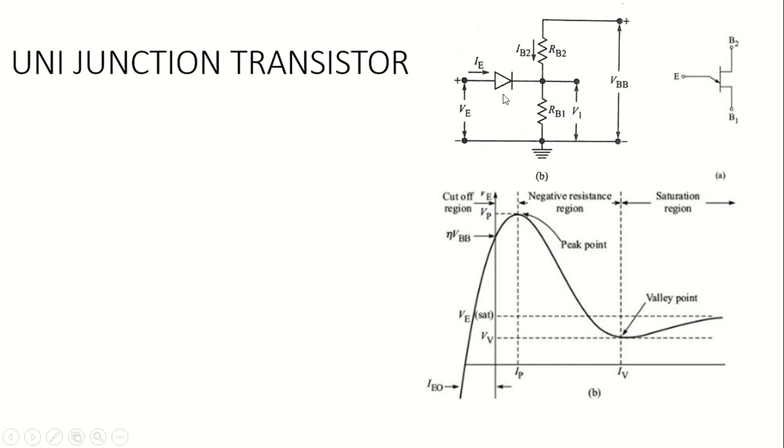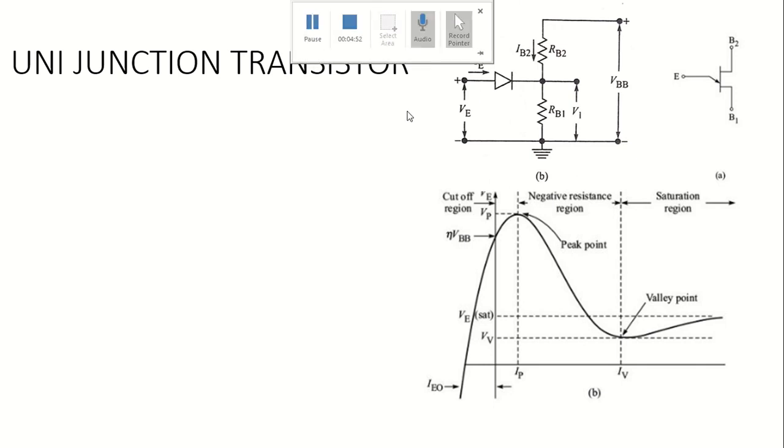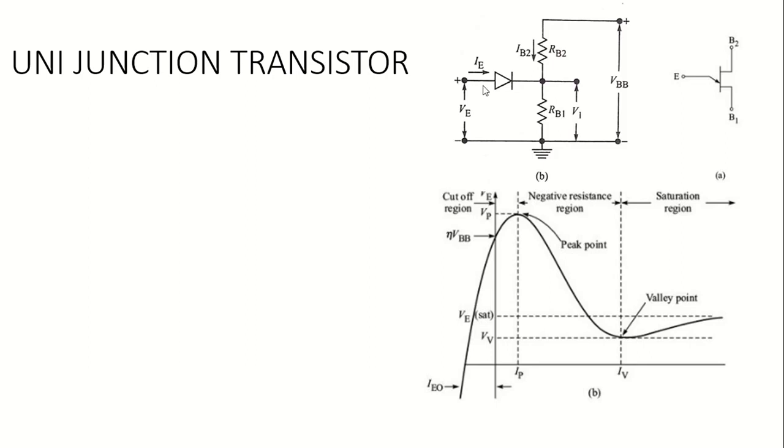Now this emitter junction diode, which is the diode between emitter and base 1, cannot conduct unless the emitter voltage VE exceeds the threshold voltage plus the voltage V1, that is, the summation of V gamma plus V1. Until the emitter voltage exceeds V gamma plus V1, this diode does not conduct.